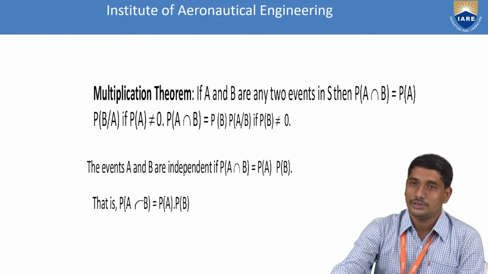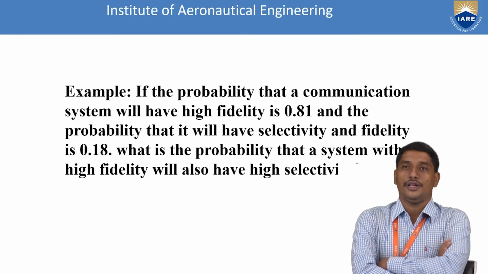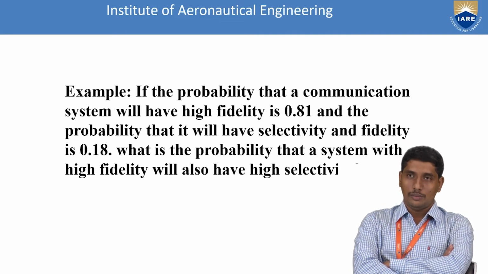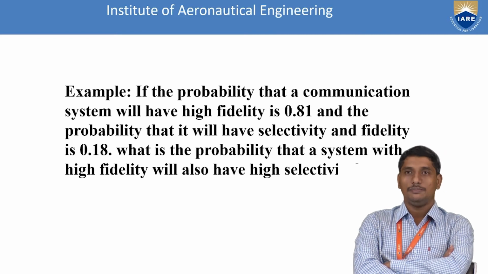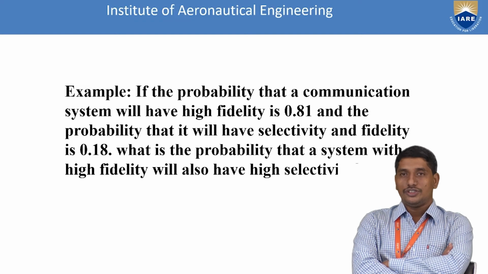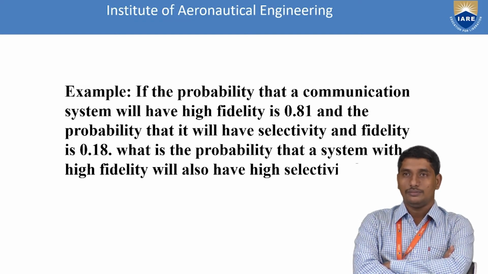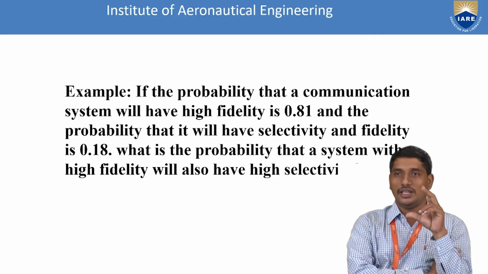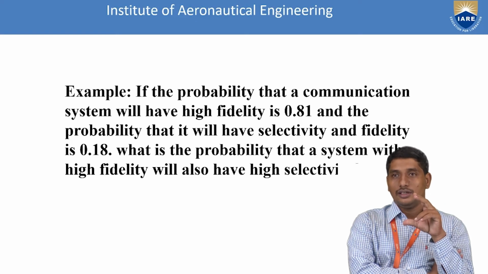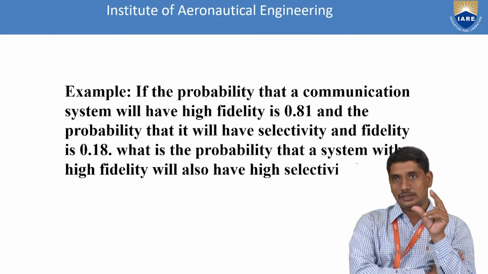Let us see problems. So now we are going to see a problem on conditional probability, the basic definition of conditional probability. In this problem, the probability that a communication system will have a high fidelity is 0.81. Communication system means you can imagine an ultra modern mobile, a smartphone, a branded smartphone like Samsung.